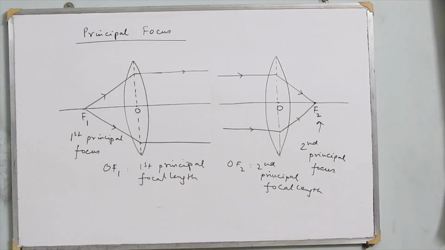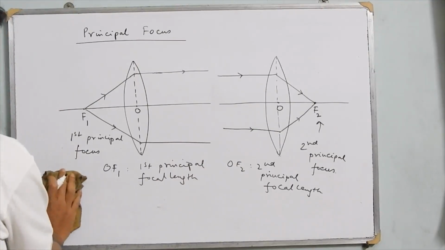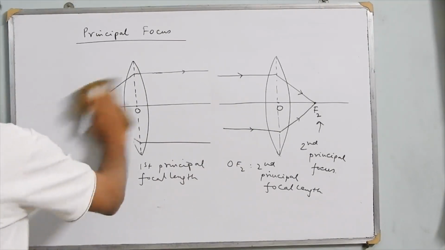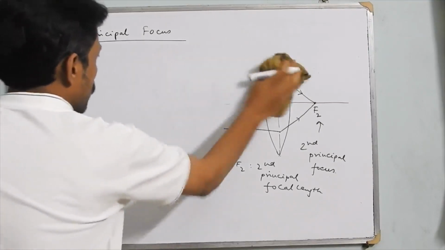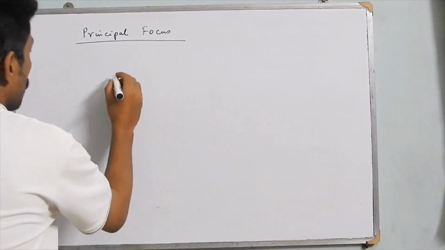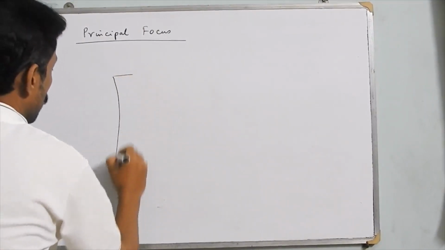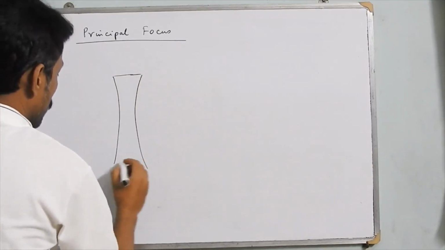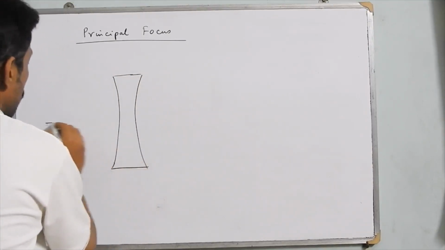Now both these points can be defined for a concave lens also. So let us take a concave lens and try to realize how the second principal focus and the first principal focus will be present on the principal axis.